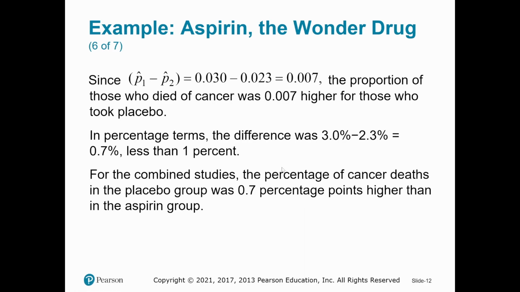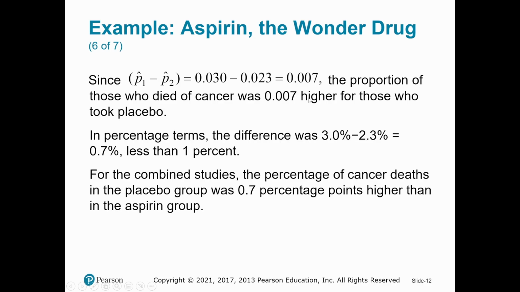Okay, so we have this difference, 0.007. If we were to move the decimal point 2 places to the right, we would get 0.7%. Doesn't seem like a tremendous percentage, but if you're talking about a lot of people, well, that could be reasonable to consider if you have like a lot of people.